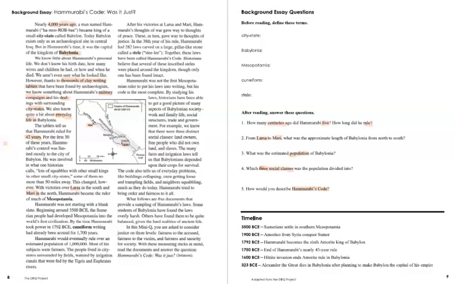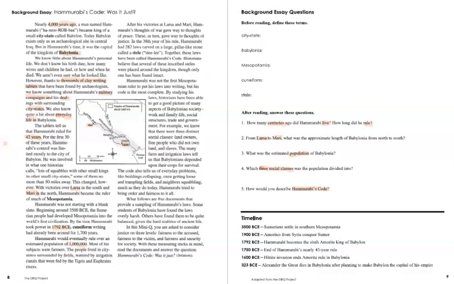Hammurabi was not starting from a blank slate. Beginning around 3500 BCE, Sumerian people had developed Mesopotamia into the world's first civilization. By the time Hammurabi took power in 1792 BCE, cuneiform writing had already been around for 1,700 years. Hammurabi would eventually rule over an estimated population of 1 million people.